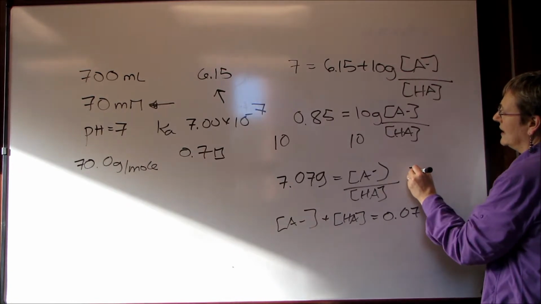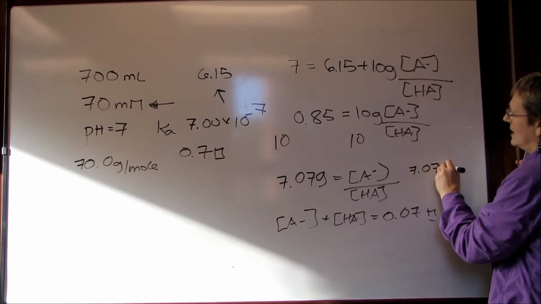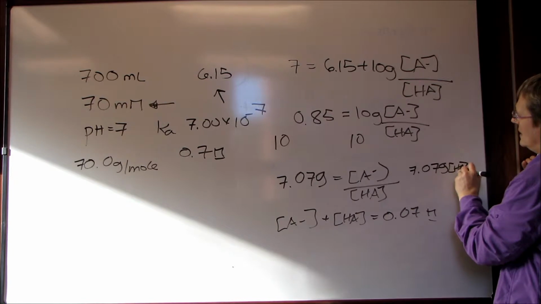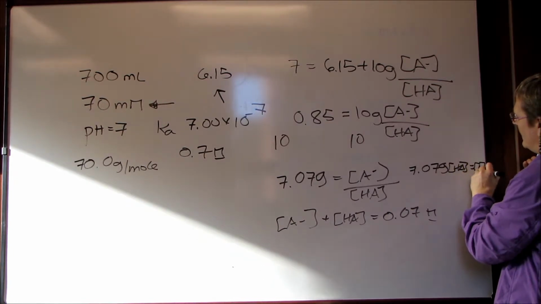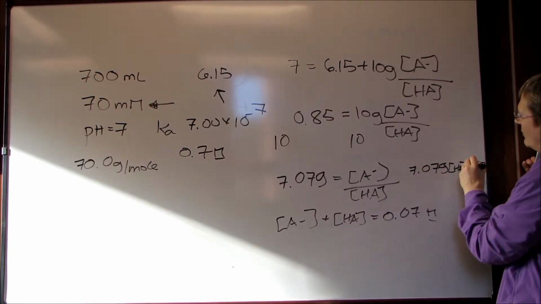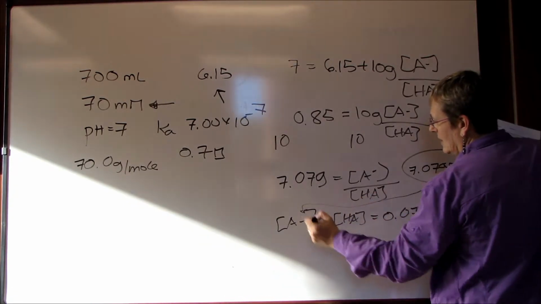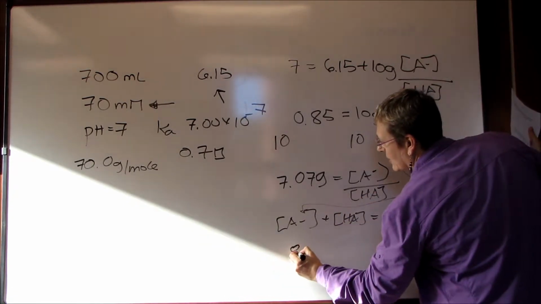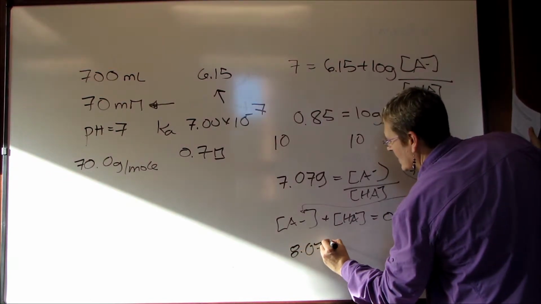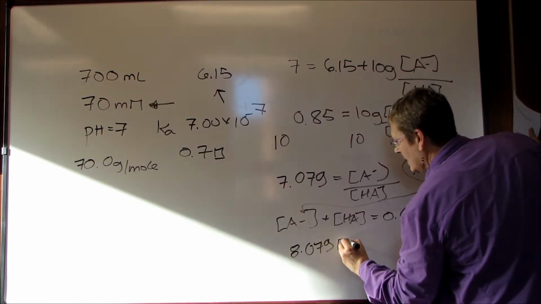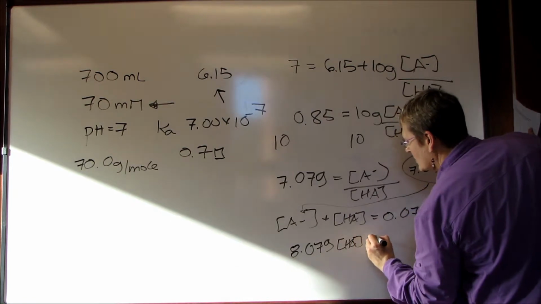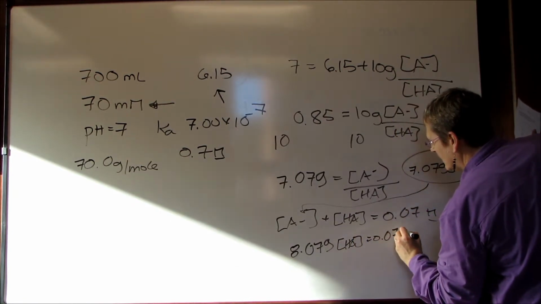So I get 7.079 times HA is equal to the concentration of A minus, and I'm going to substitute this value for A minus into the other equation. Adding the two together, I have 8.079 times HA equal to 0.07.